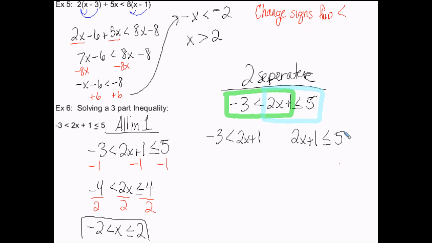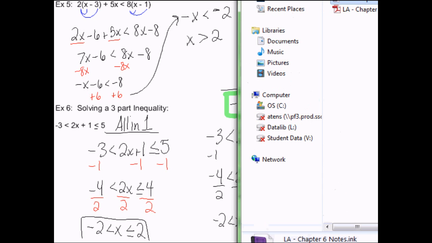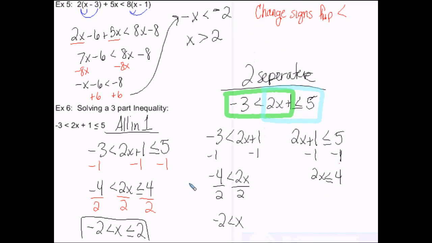Okay. Subtract 1 from both sides. Divide by 2. You get negative 2 is less than x. And then come over here and you subtract 1 from both sides. Divide by 2.